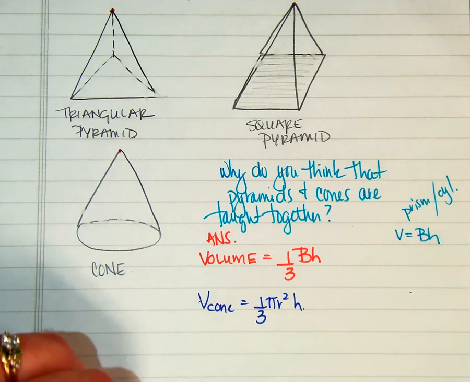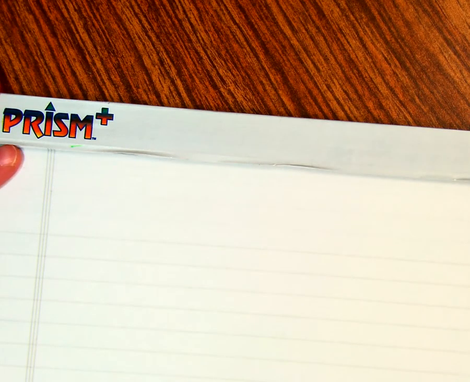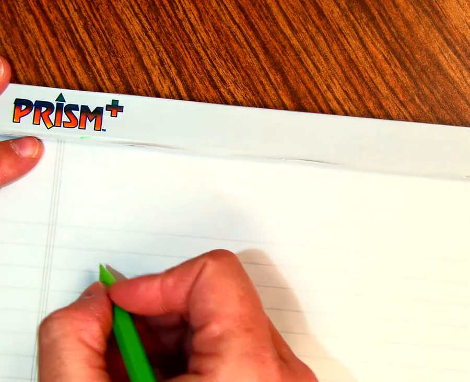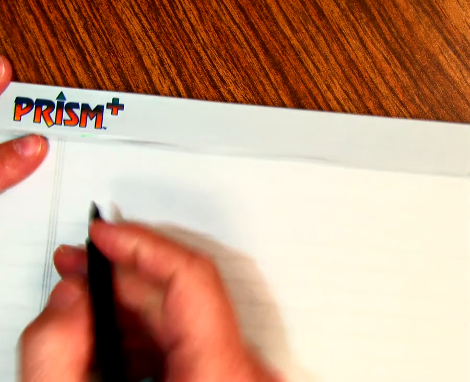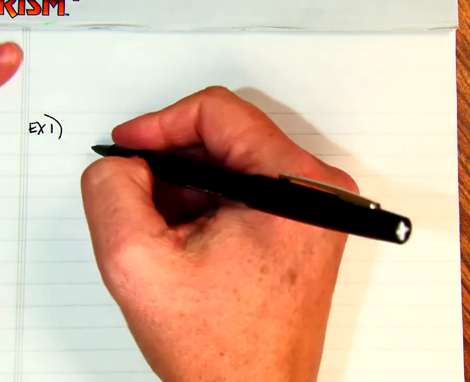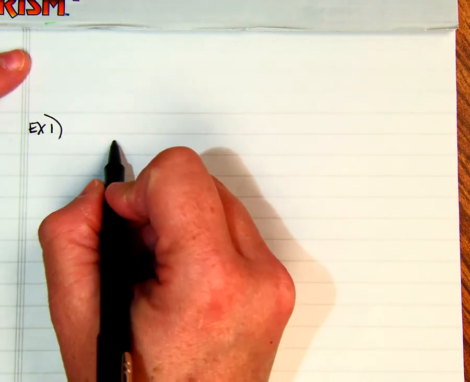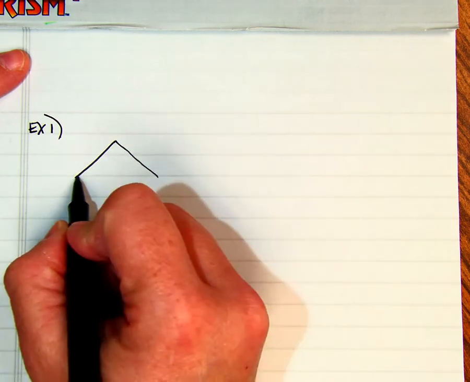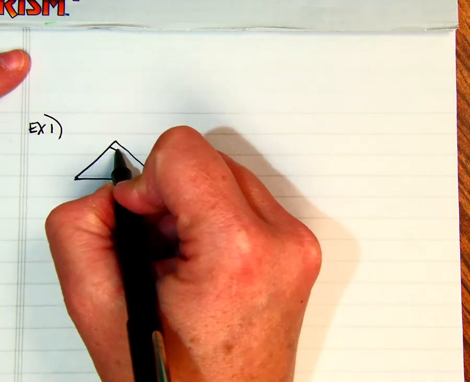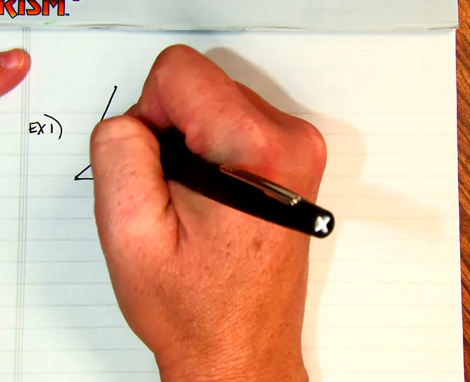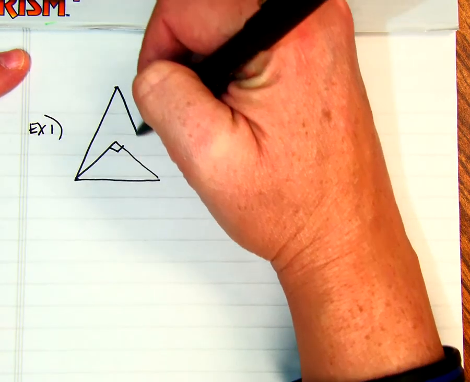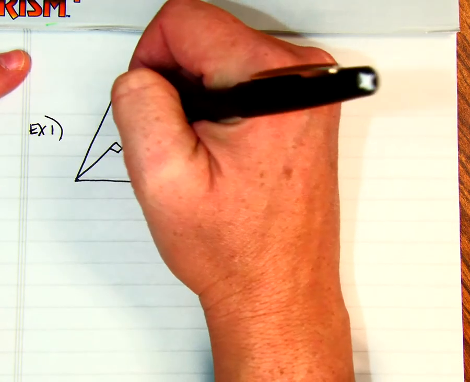Okay, so let's do some examples. Label this as example 1. We are going to find the volume. I'm missing some of my dotted lines.